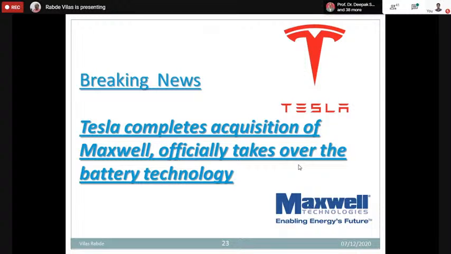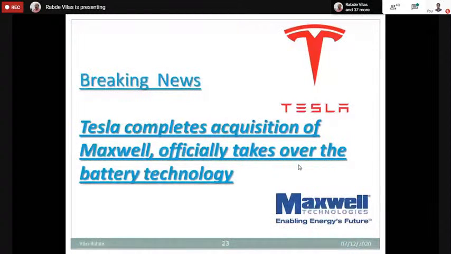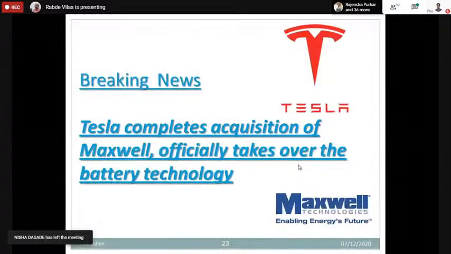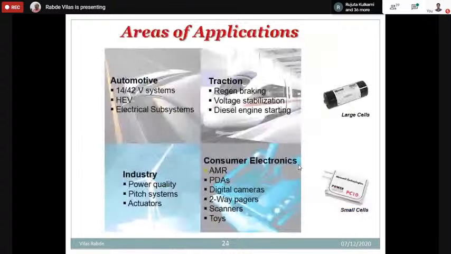And this year, the new vehicle that they have launched has a combination of battery and supercapacitors. So Tesla is wise enough to have acquired the top manufacturer of supercapacitors in the world, and that is how the demand is. You can also make a career in supercapacitor applications.